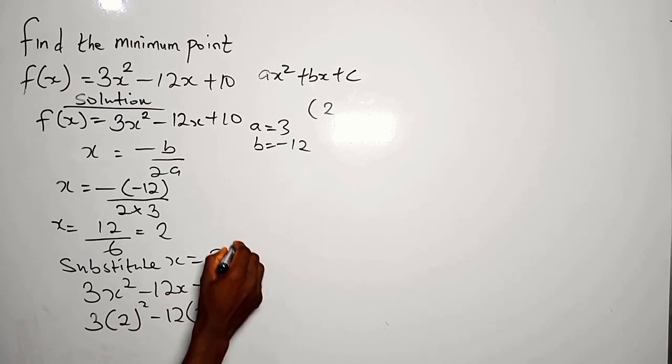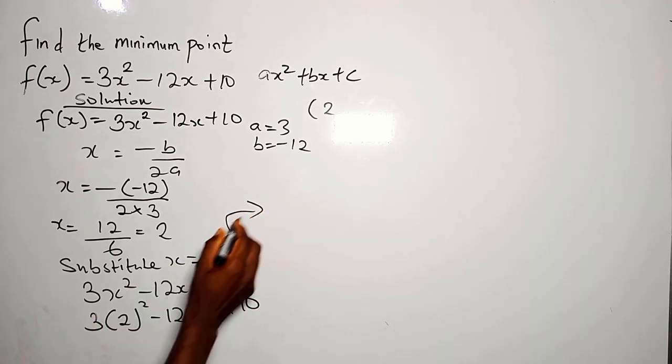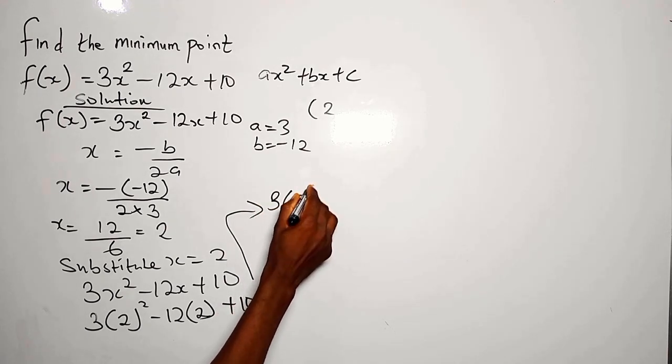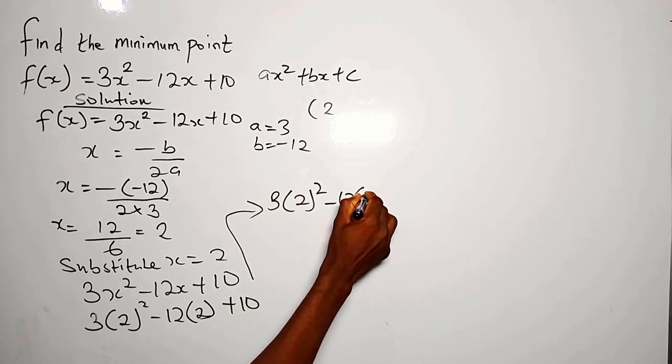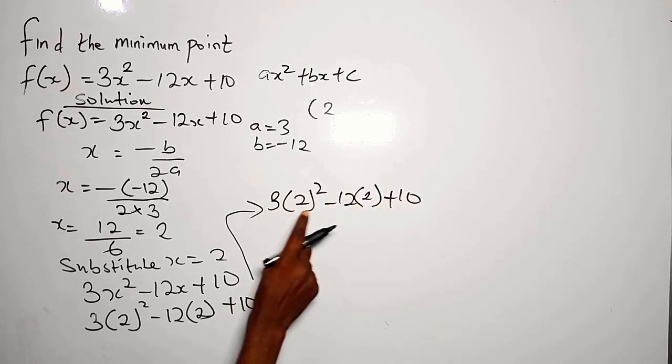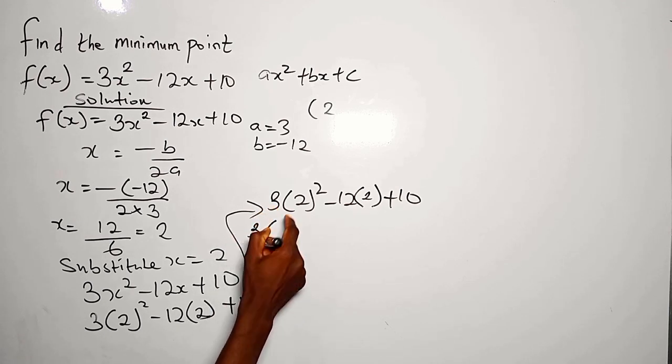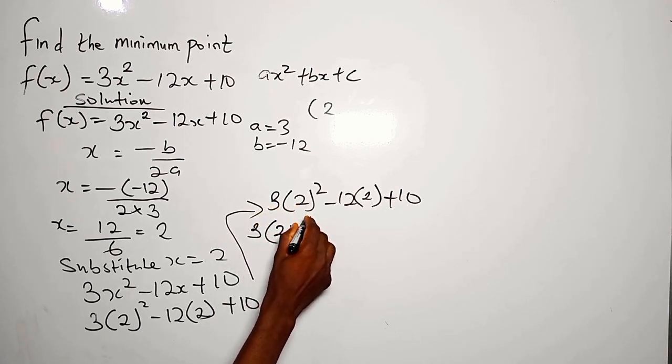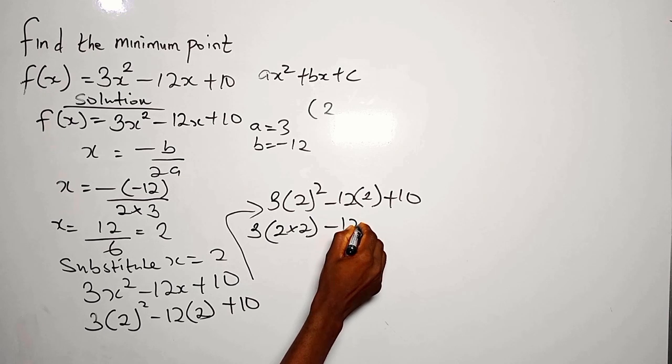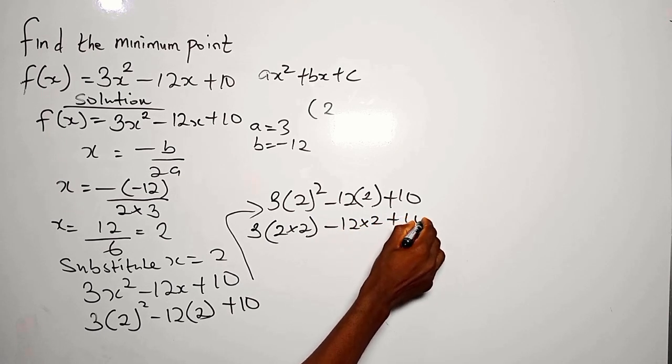When we open up, we have 3, for 2 squared is 2 times 2, minus 12 times 2 plus 10.